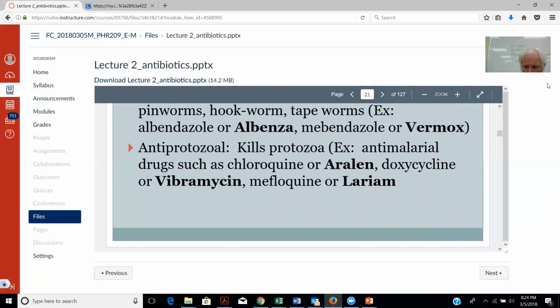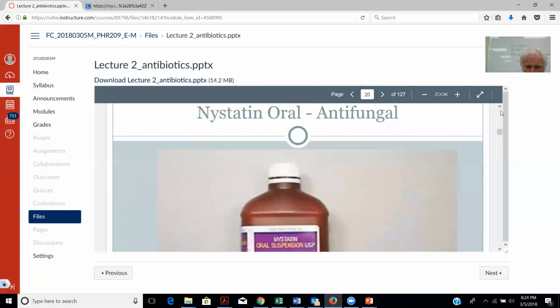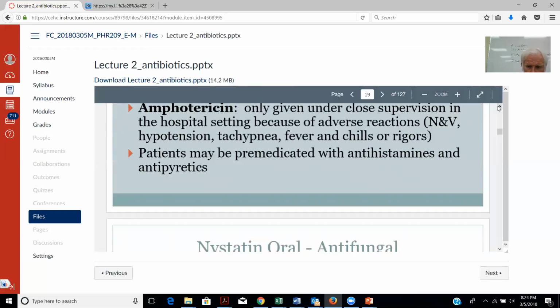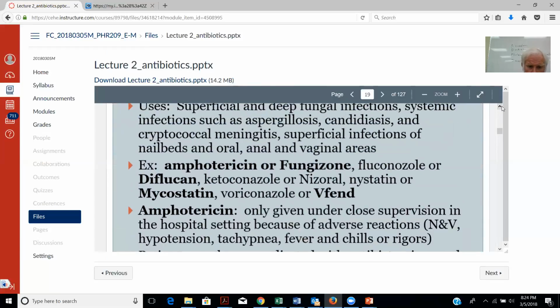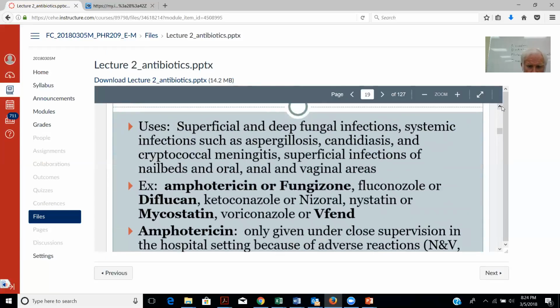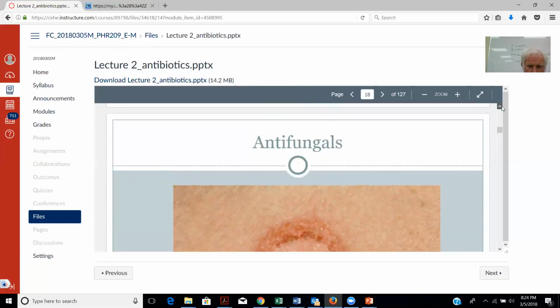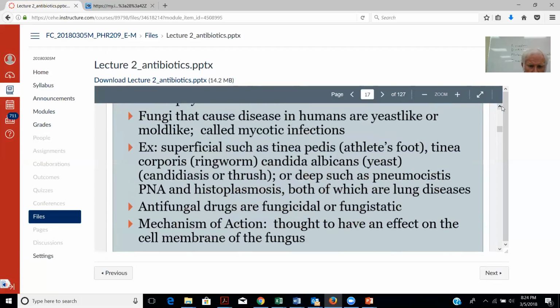With things like athlete's foot and ringworm and things like that, we basically will give a product for a short period of time that will treat the organism.